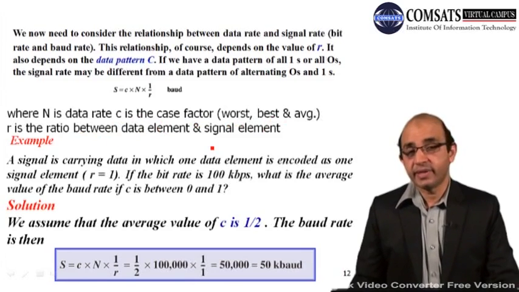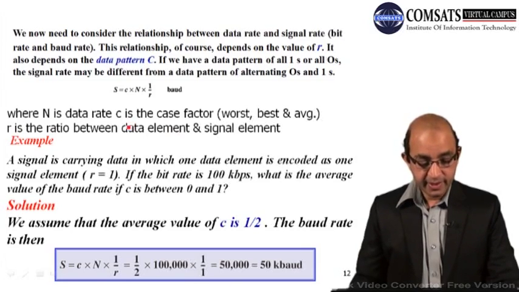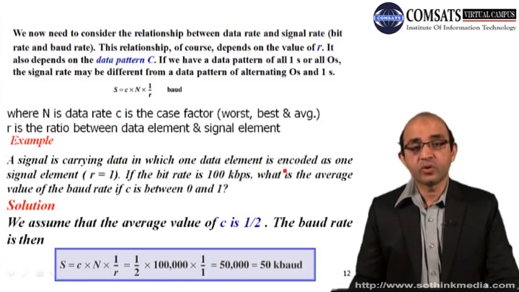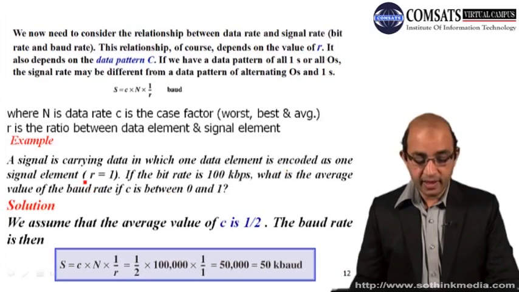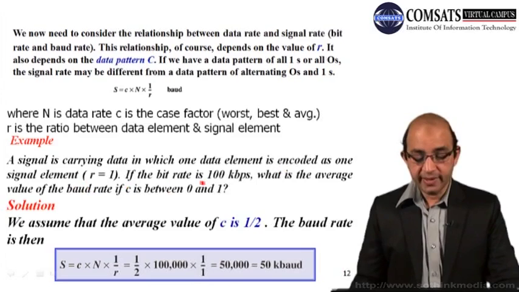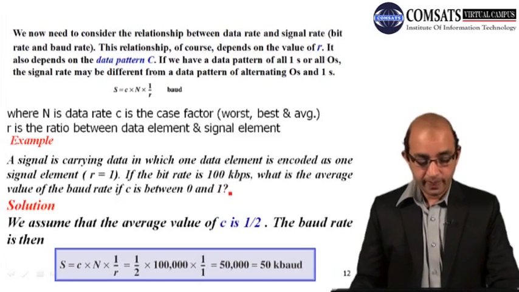So here, let's have an example in order to understand this relationship. A signal over here is carrying data in which one data element is encoded as one signal element. So the ratio is of course 1. If the bit rate is 100 kilobits per second, what is the average value of the baud rate if C is between 0 and 1?